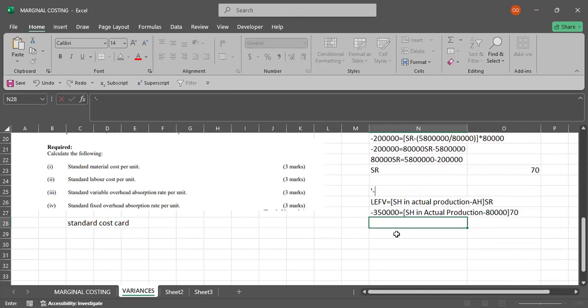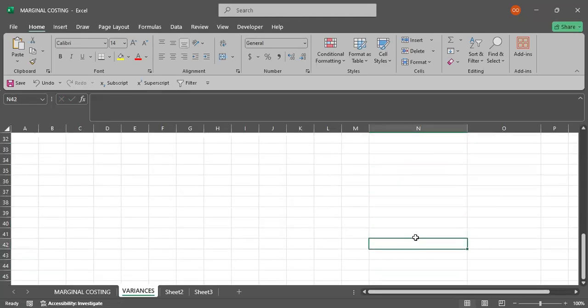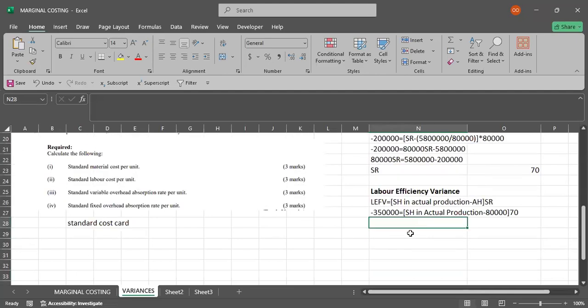So let's break the bracket. So we have 350,000 is equal to, when you break the bracket, it will be 70 standard hours in actual production, standard hours in actual production minus, so 80,000 by 70.